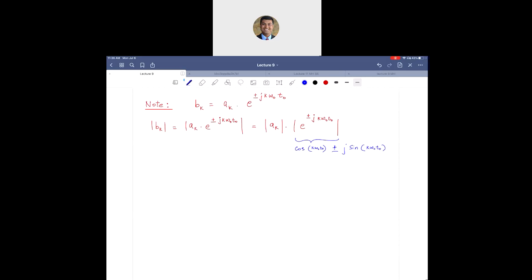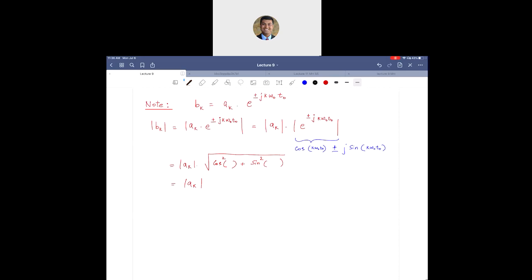So if you want to continue with the magnitude, what do you have? You have the magnitude of a sub k multiplied by the magnitude of the complex number. So you will do cosine squared plus sine squared, which will come down to a sub k, right? So I hope you see that doing a time shift or a horizontal shift doesn't impact the magnitude of the Fourier series coefficients.